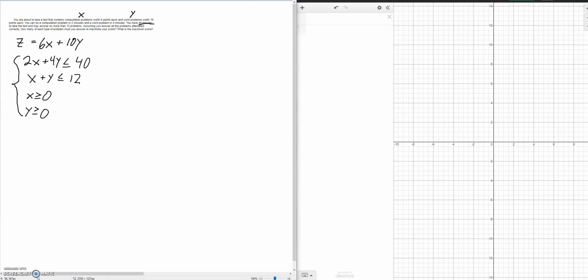So now we have these constraints, so we need to figure out what points we're testing now. Your first step, find your objective function. Your second step, find your constraints.